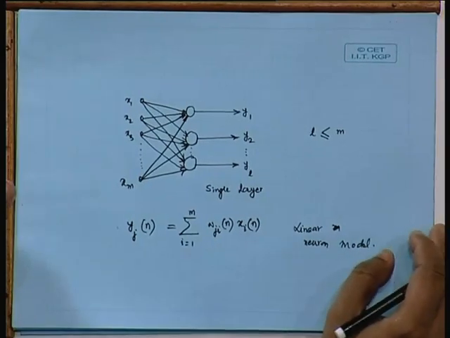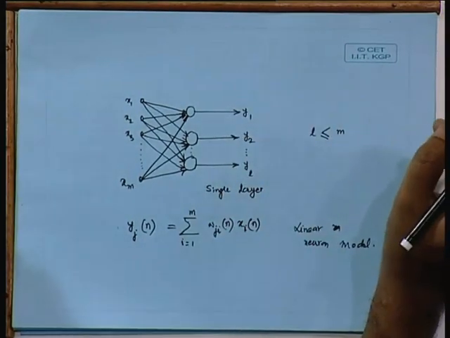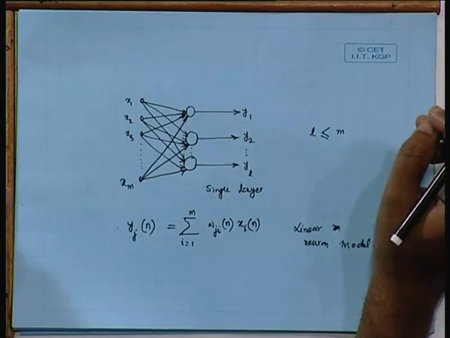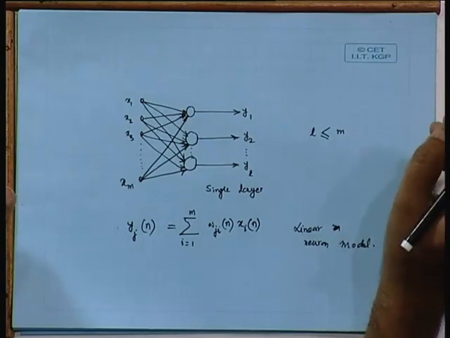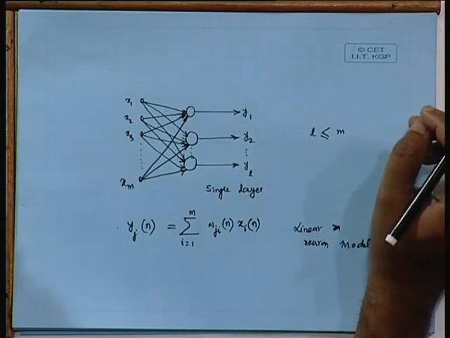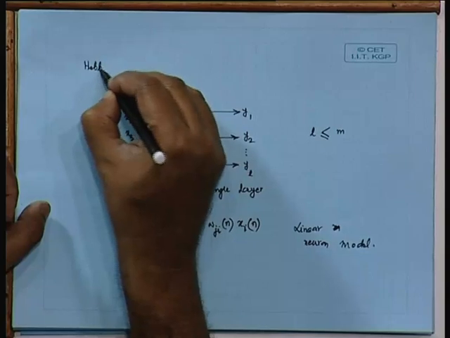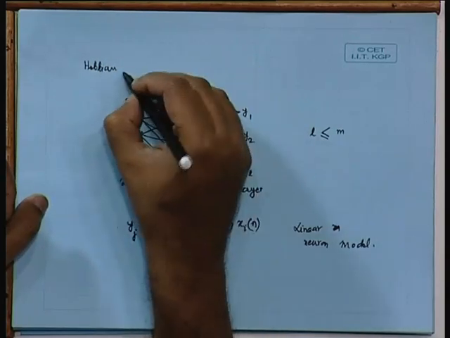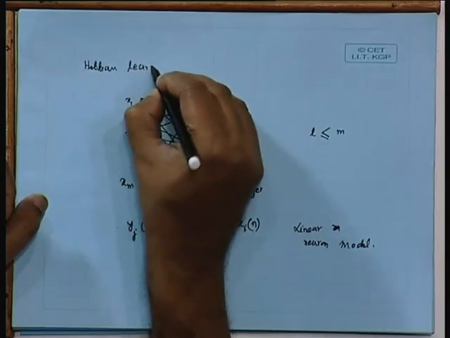Now, in this case what happens is that the synaptic weight wji will be updated in accordance with the Hebbian learning mechanism, because we are all the time assuming that the learning mechanism that we are following is Hebbian learning.